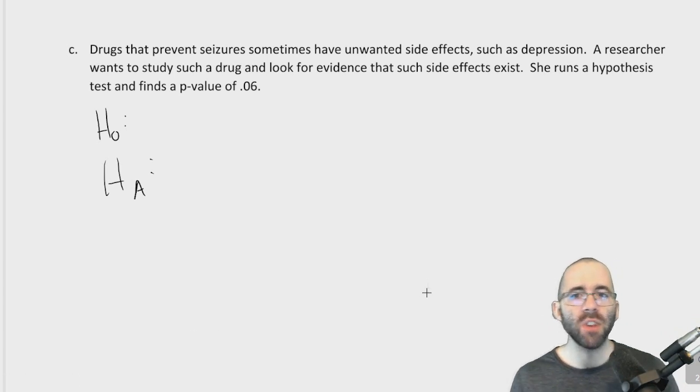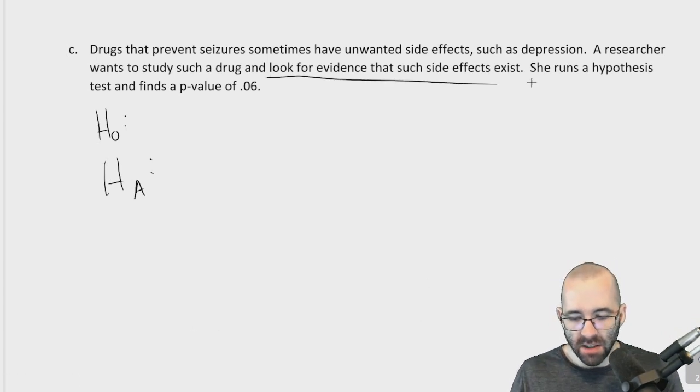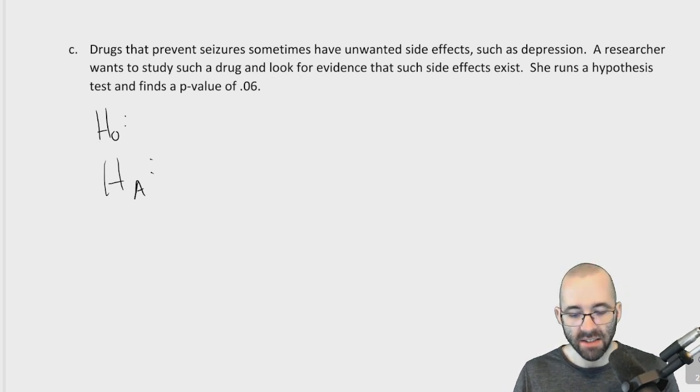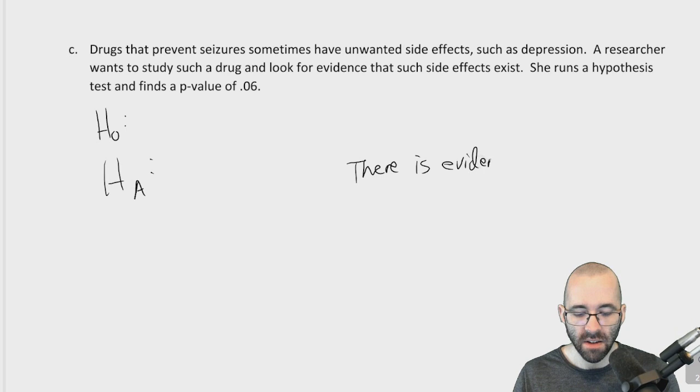So what is she trying to test? She's trying to test to see whether there's evidence of significant side effects. That'll be our alternative hypothesis: there is evidence of statistically significant side effects.